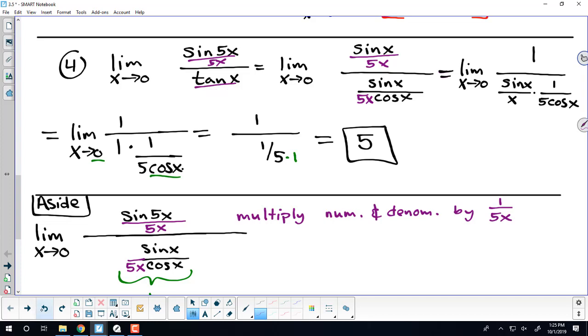In that second part there, the limit as x goes to 0 of sine x over 5x, or it should be sine 5x. Sine 5x, yeah, I missed that right here. Sorry, that should be 5x, thank you. Yeah, from the original.